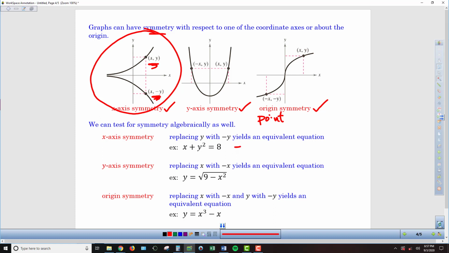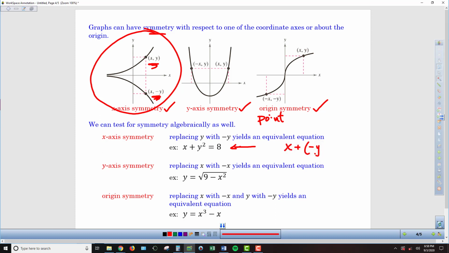We can test for that in an algebraic way using the rule that we see here. If we can replace y in the equation with negative y, and we basically get back to the original equation, then that's an indication that the graph of this equation will have x-axis symmetry. We can see that pretty easily here.